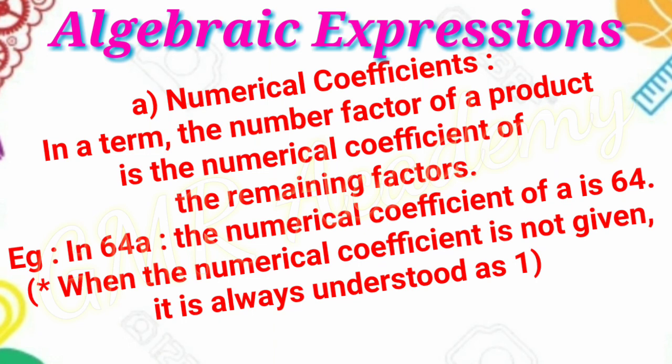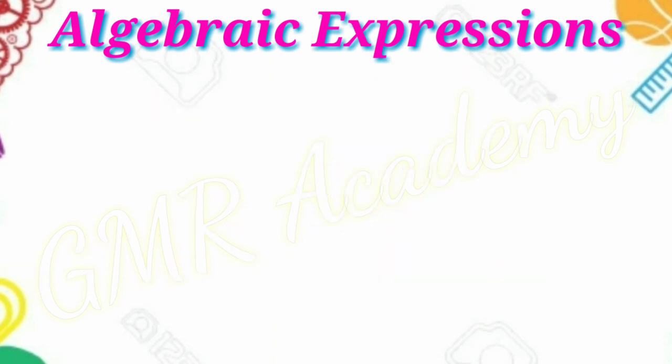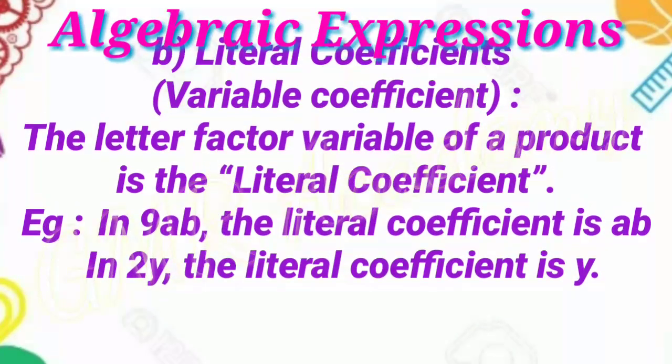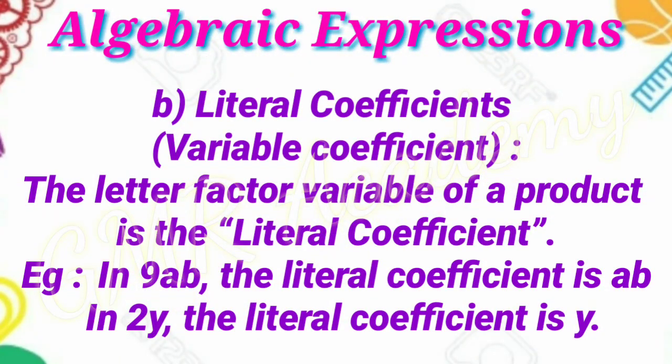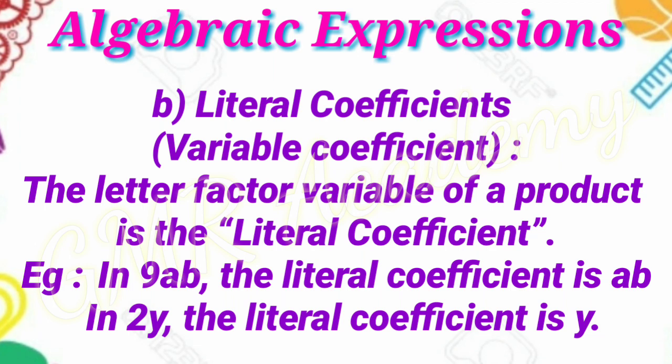In the special case when the numerical coefficient is not given, it is always understood as 1. Literal or variable coefficient. The letter factor, or variable, of a product is the literal coefficient. For example, in 9ab, the literal coefficient is ab. In 2y, the literal coefficient is y.